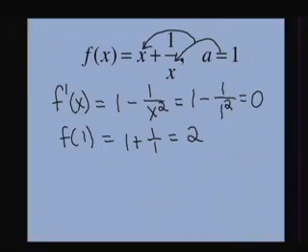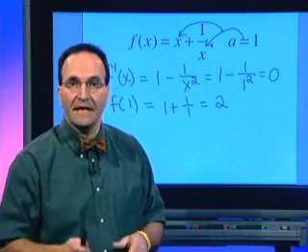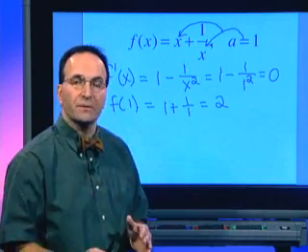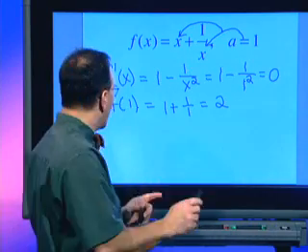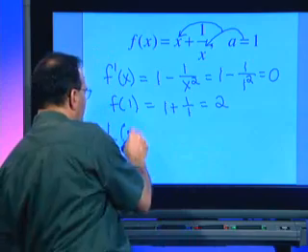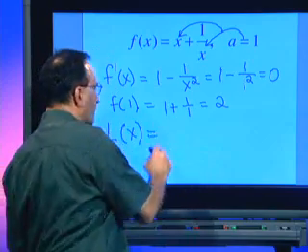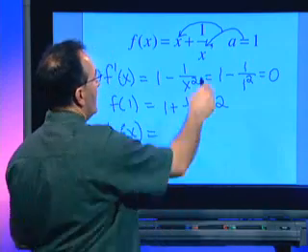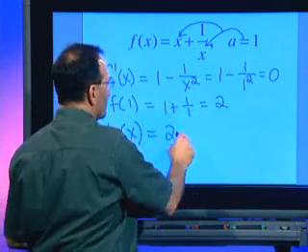Now we need to find the actual linearization, capital L of x. We have all the information we need to plug into that. So we have L of x is equal to f of a, which is f of 1, and we said that f of 1 was equal to 2.